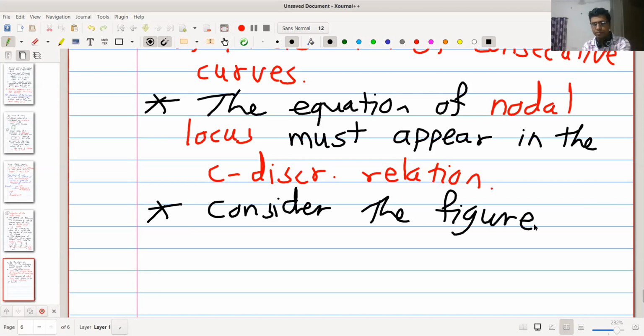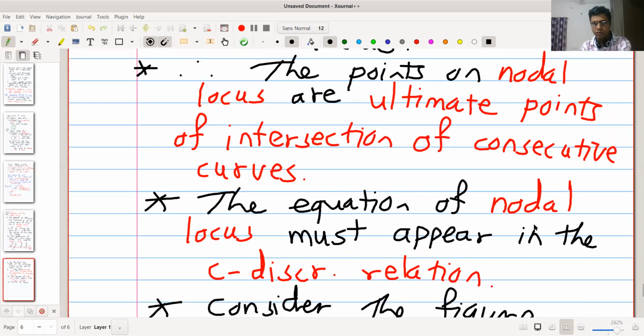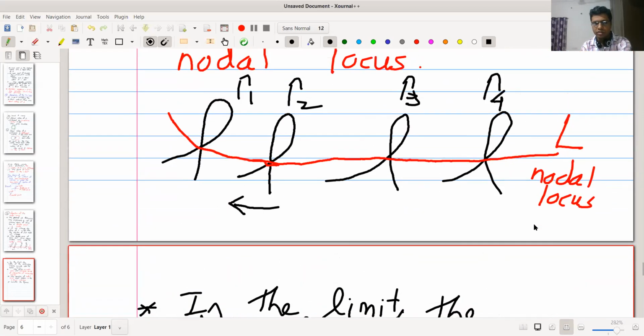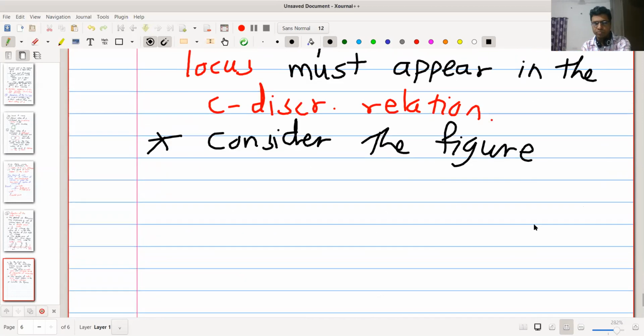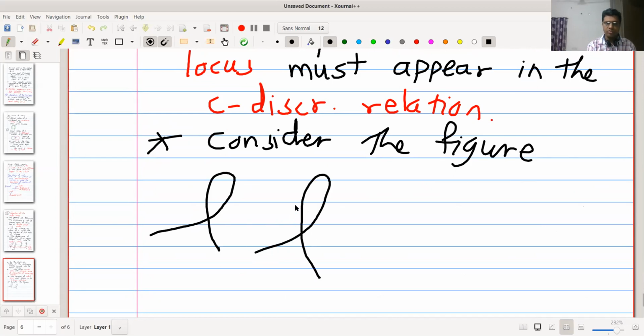We consider the same figure of nodal locus. Say we have these consecutive curves with node, and nodal curve passes through all these double points.